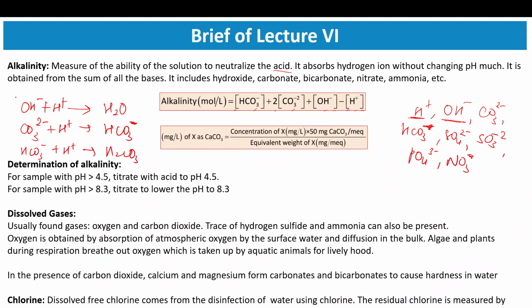So all these reactions are consuming H plus, and hence the acidic nature of any solution, which is because of the presence of H plus, will reduce, and hence the solution will tend to neutralize.